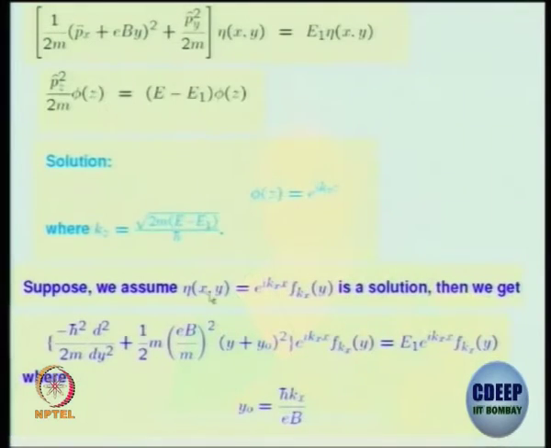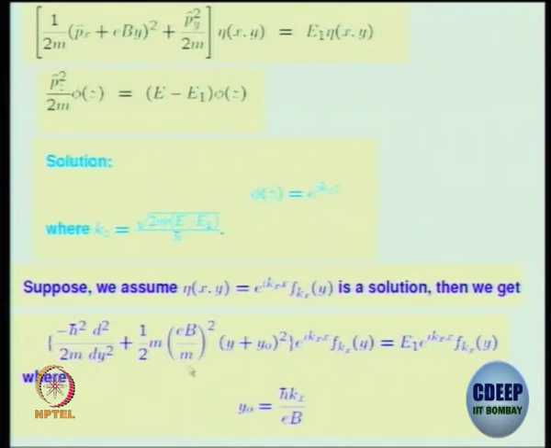Because I have given this form, if you plug it in, you will see that the differential operator you have here, or the Hamiltonian operator, these two sides are eigenfunctions, exactly like your time independent theories.